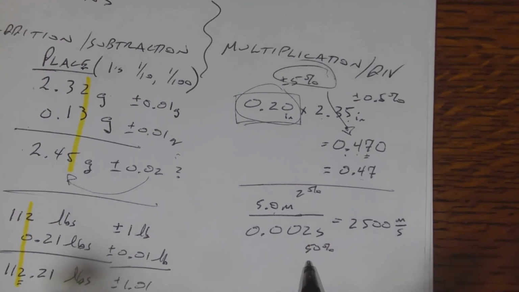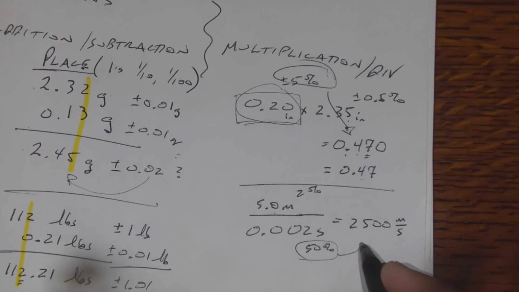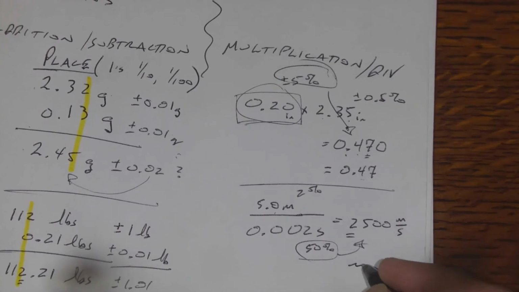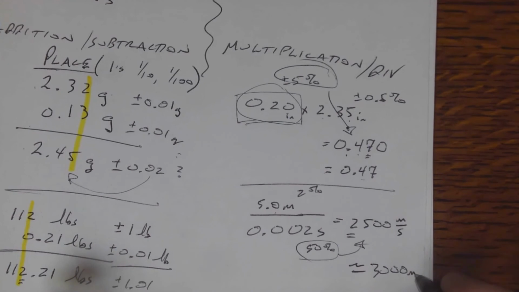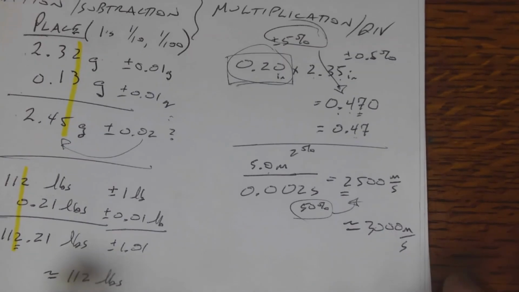It's not really an error. And so my answer really is going to be controlled by that. So plus or minus 50% here means this guy would range from like 1,200 to 5,000. And so suddenly this guy is going to be important, and so properly I'd want to round that guy to 3,000 meters per second. That squeezes in there.